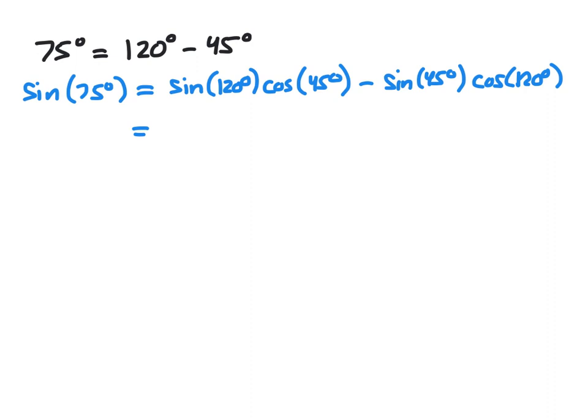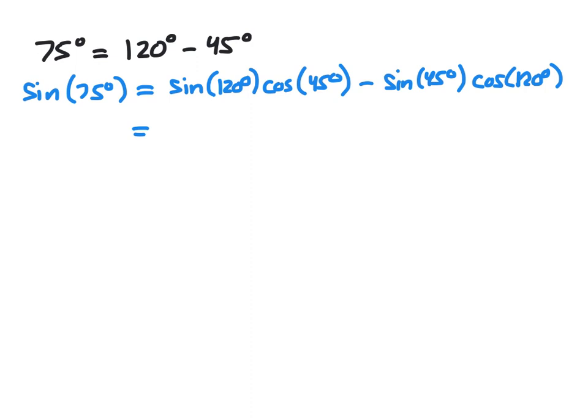Now, in the second quadrant, we know that sine is positive and cosine is negative, and we know that 120 degrees has a reference angle of 60 degrees, which means the sine and cosine of 120 degrees will just be the same as the sine and cosine of 60 degrees, with cosine being negative based on the quadrant.